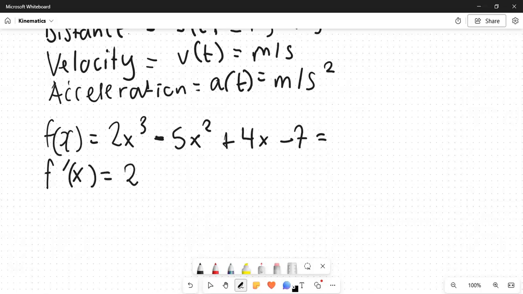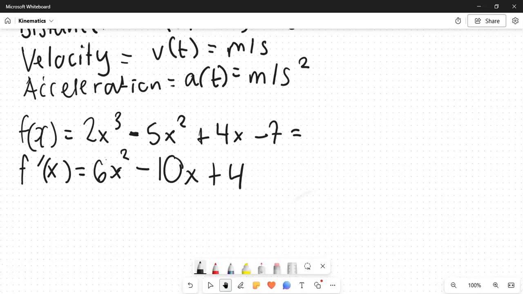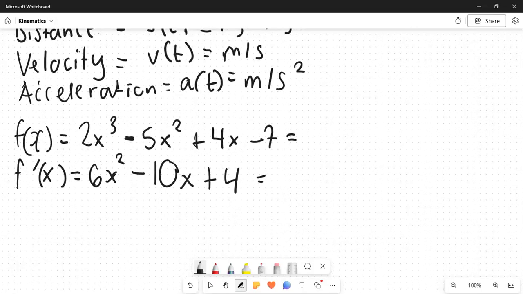It is 6x squared minus 10x plus 4. So this is the derivative.